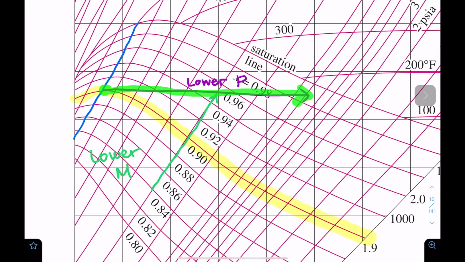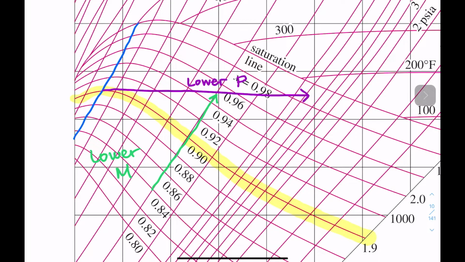I'm increasing my quality. If I'm going towards that direction, you can see I start here at 90. Then if I decrease the pressure, I go to 92, 94, 96. So what's happening to my quality? I'm increasing my quality, okay?